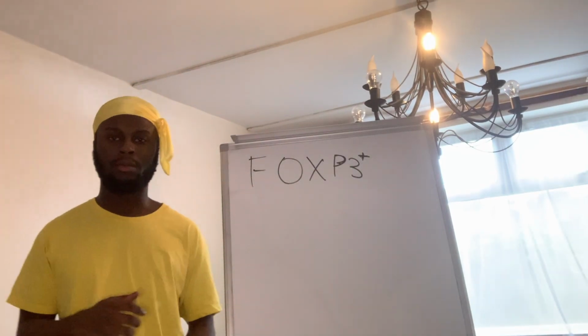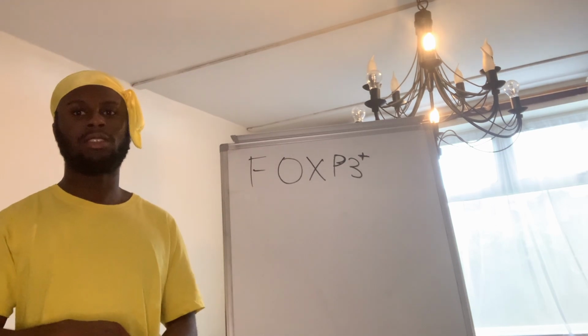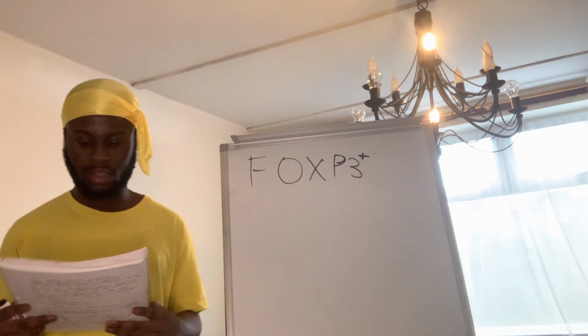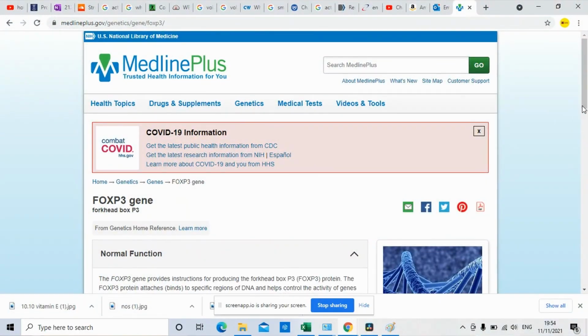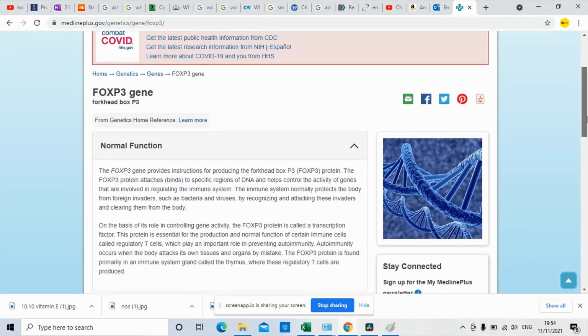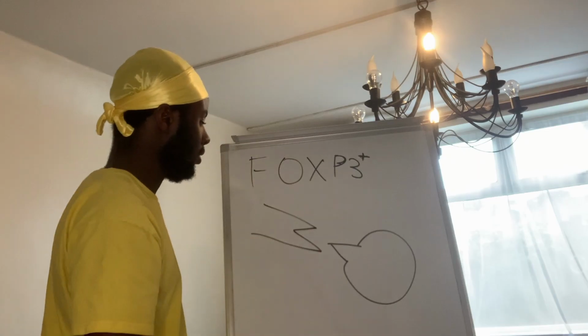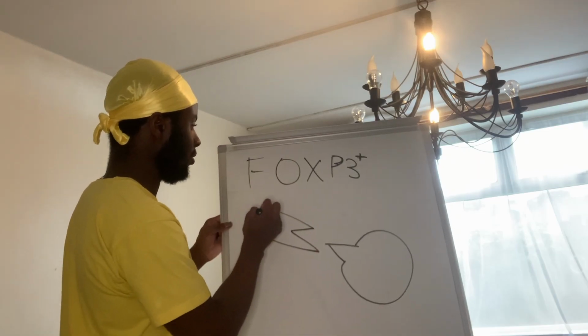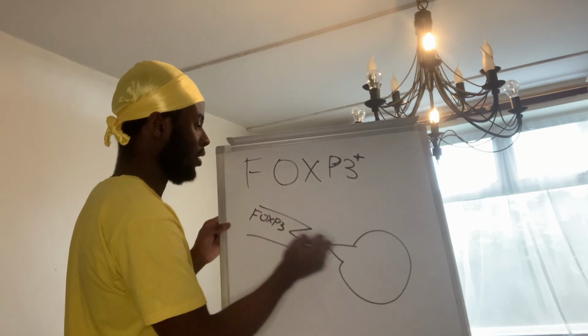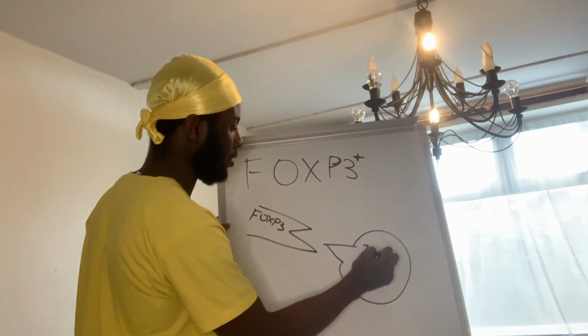Today what we're going to be talking about is the foxp3 protein/gene. The foxp3 protein, which also acts as a gene, is responsible for cellular response, really. So let's say this is the foxp3 gene, and then this is a Th17 cell.